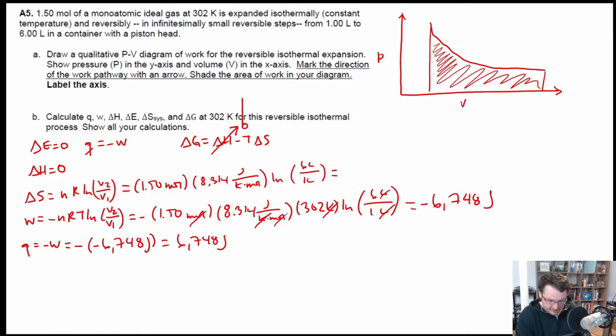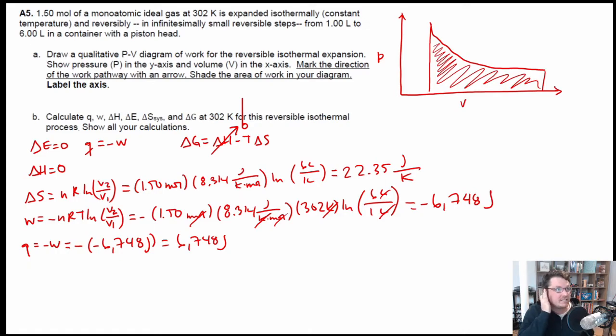So we get 1.5 times 8.314 times the natural log of 6 over 1, which is 22.35 joules per Kelvin.